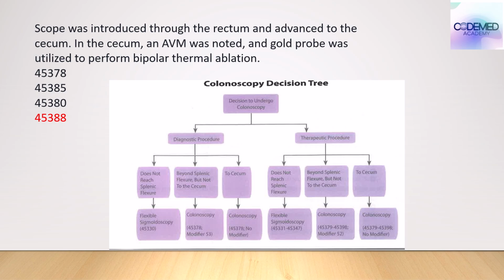Yes, so the code is 45388, and we see the method that they have used to destroy that lesion is a thermal ablation. If you see the code 385, it talks about the snare technique, and 380 talks about only the biopsy. So 388 is the most accurate code.